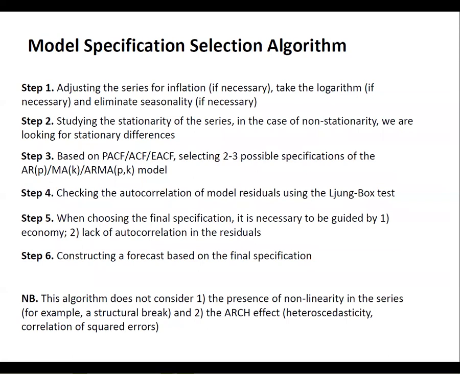In conclusion, I give you the final model specification selection algorithm, according to which you should already go and analyze your task at the first seminar. At step 1, you adjust the series for inflation, if necessary.